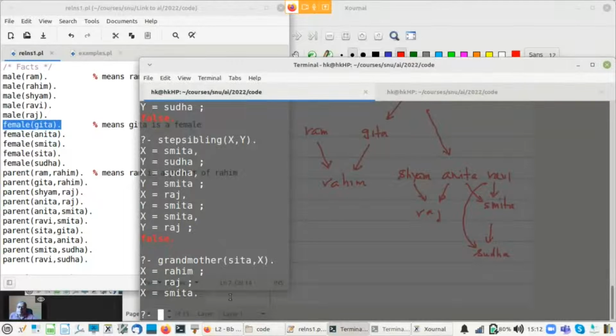So for example, let us say mother x y and mother y z. So x is the mother of y and y is the mother of z.